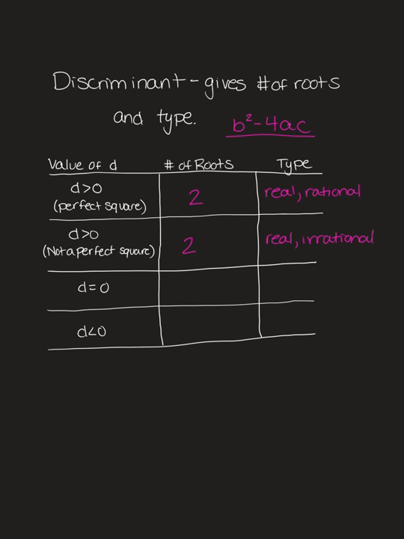If d is equal to 0, that means you only have one root, and it's real and rational, which means no square roots. And then if your discriminant is negative, you have two roots, but they are imaginary. And so that might be a case for the quadratic formula.